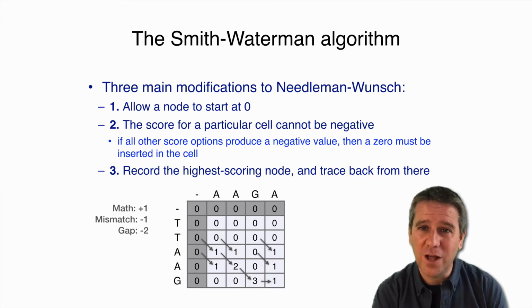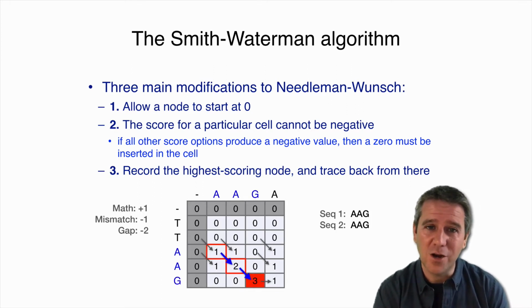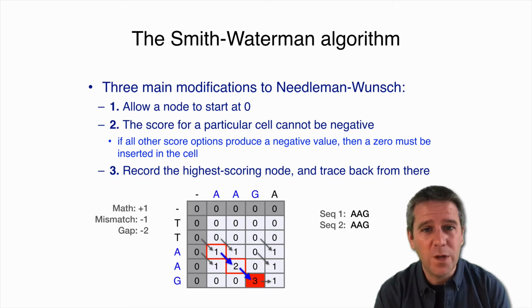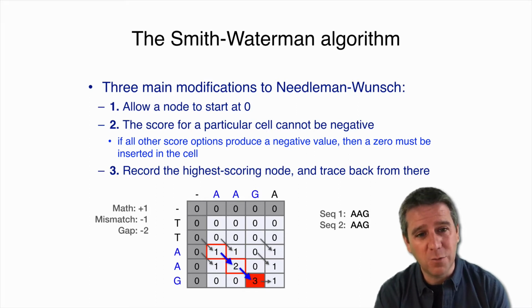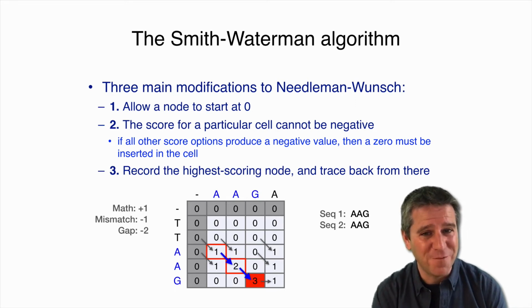That highest score value will be the best that we've got, right? So in this case, we'll find the highest score value. It's this position here highlighted in red, corresponding to this G with a G here, and we'll trace back from it for as far as we can go until we hit a 0 value. And what this will yield, as we follow back from this position here all the way back until we hit a 0, is our local alignment that yields a score of 3.